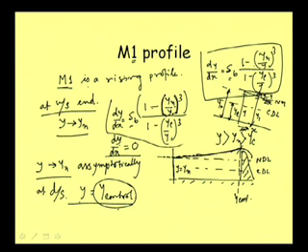Well, if it is other type of channel section, then we can go for the general governing equation of the open channel flow, gradually varied flow. And well, so then let us see what will happen to the M2 profile.